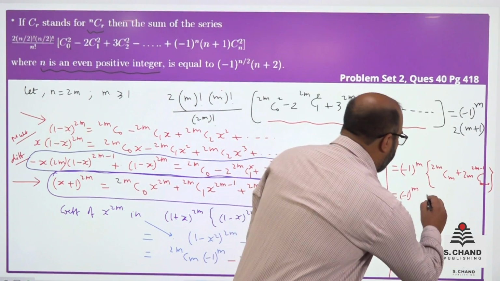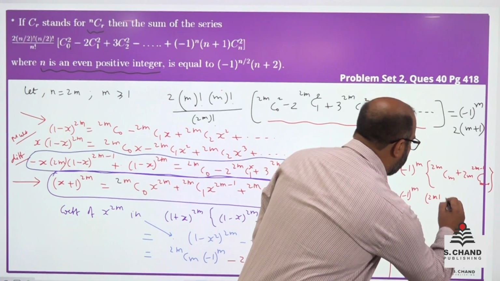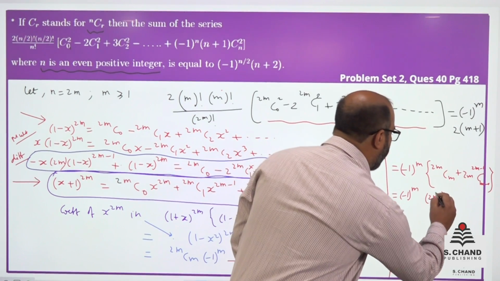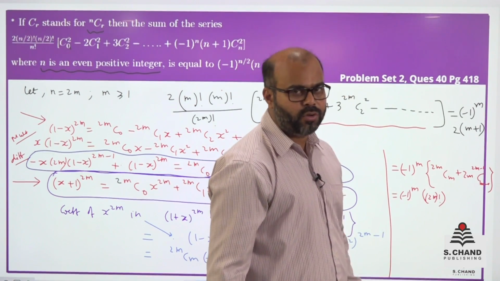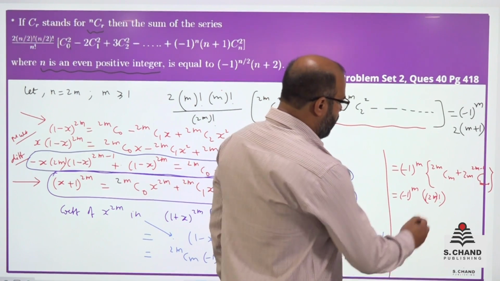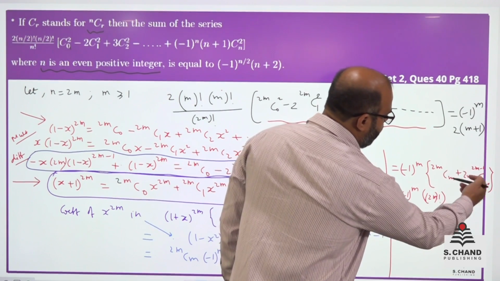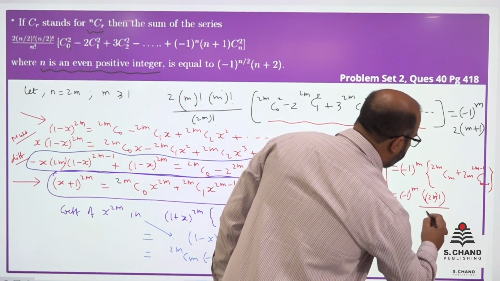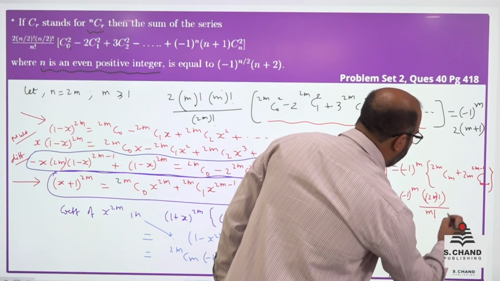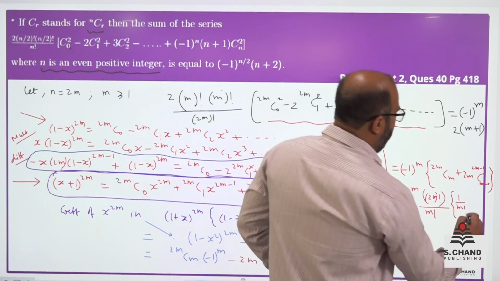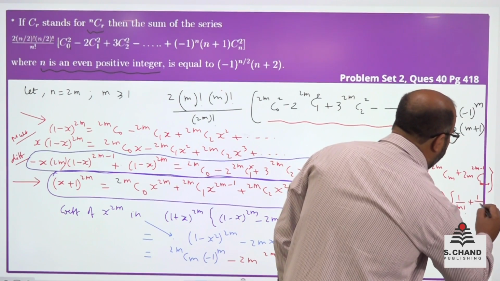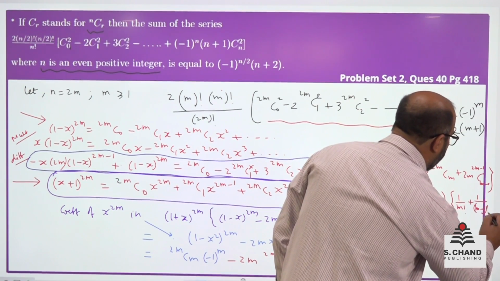2m factorial will come out, because 2m into 2m minus 1 factorial will be 2m factorial. Upon m factorial here and m factorial here, it will also come out. What else will remain? 1 by m factorial here and 1 by m minus 1 factorial here.